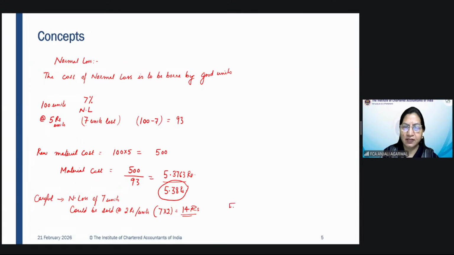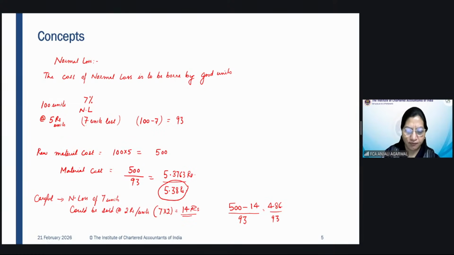In that case, the cost per unit will be 500. Out of 500, 14 rupees is recovered. So it is going to cost us 486, and this cost of 486 must be borne by the 93 units.